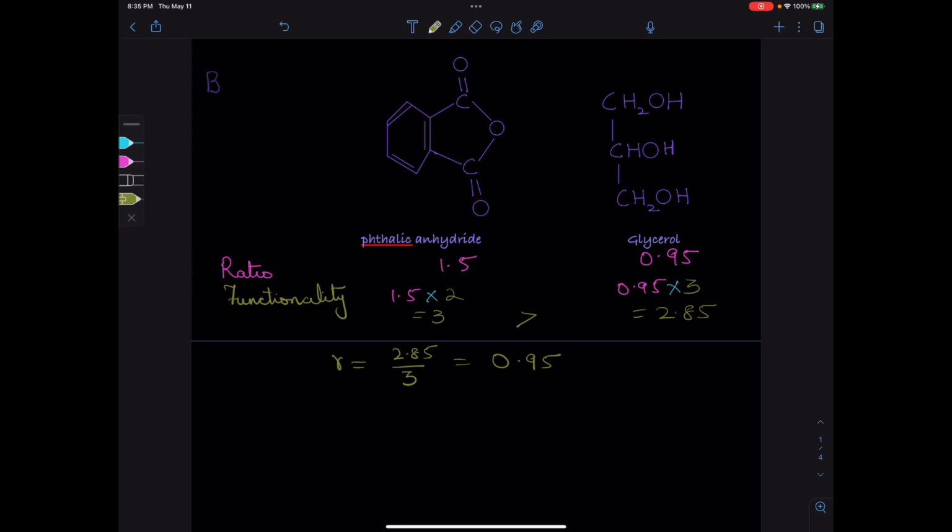Now let's find out the functionalities. The weight average functionality of carboxylic group would be 1.5, which is its number of moles, times 2 squared because there are 2 carboxyl groups, over 1.5 times 2.